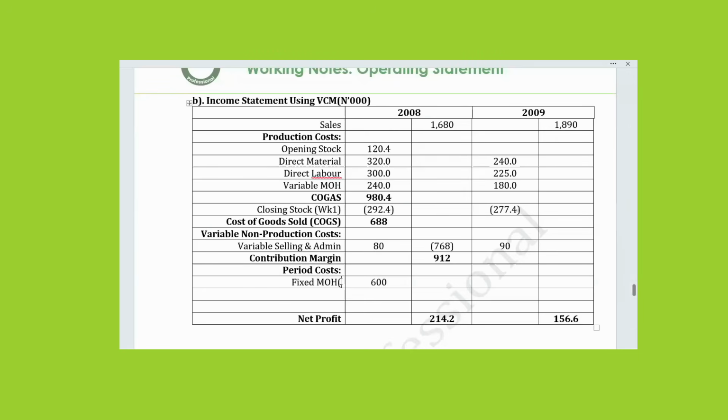That's how we got the 600,000. Okay. Then we also have fixed selling and admin expenses. According to the question, it is 75,000.